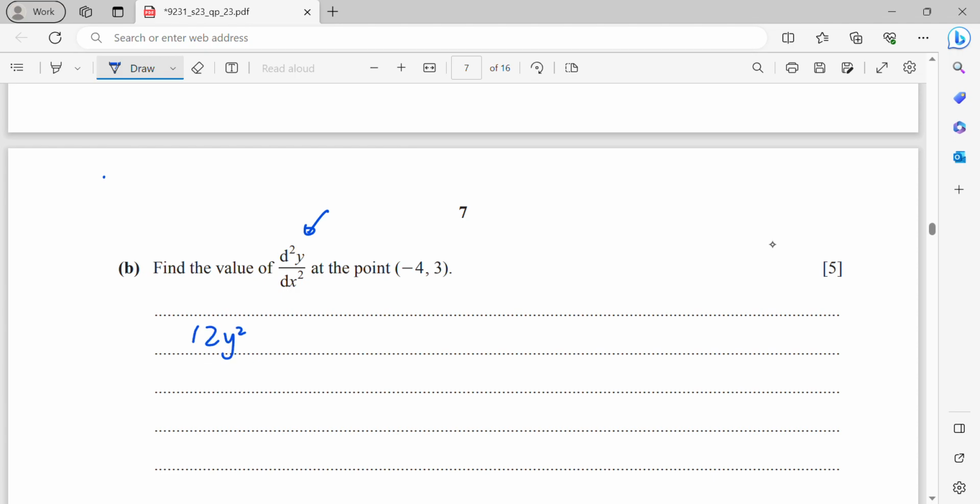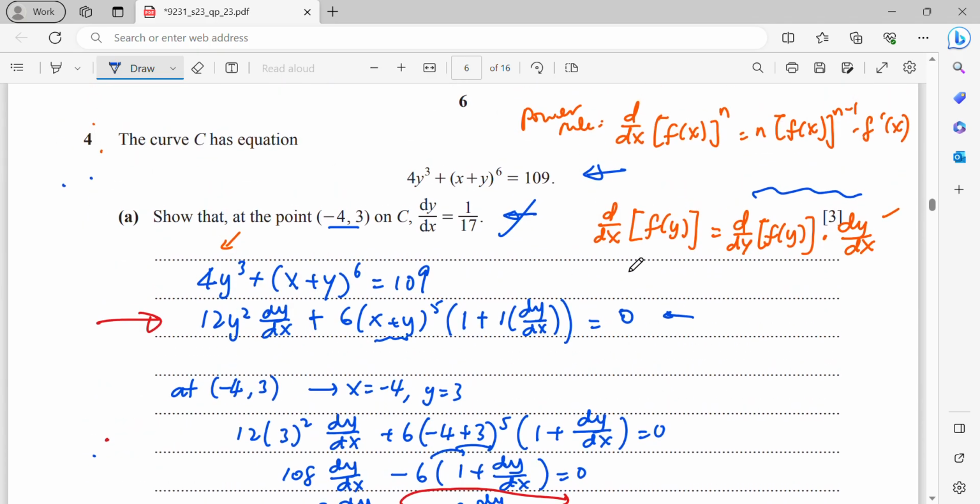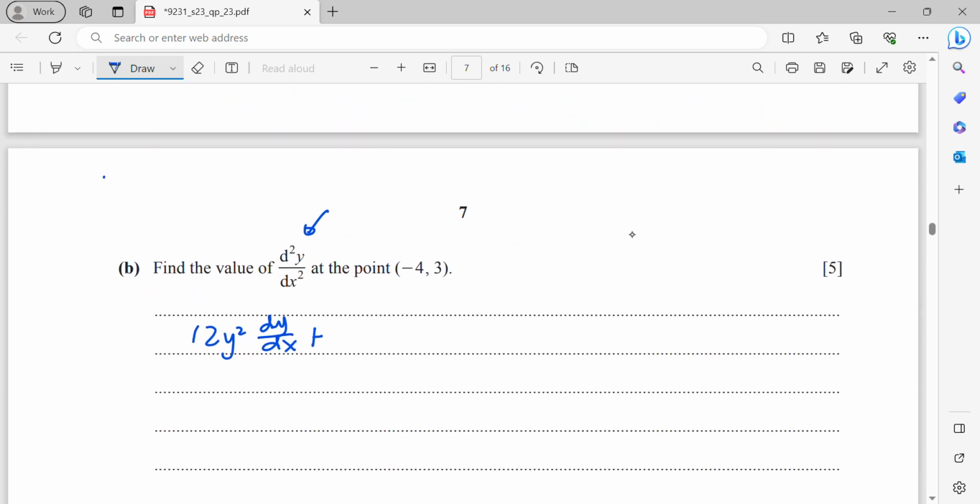So 12y^2 dy/dx, then plus 6 times (x+y)^5 times (1 + dy/dx) equals to 0. So I get this in the previous part, and now I need to get second derivative, means that I need to differentiate one more time for this equation.